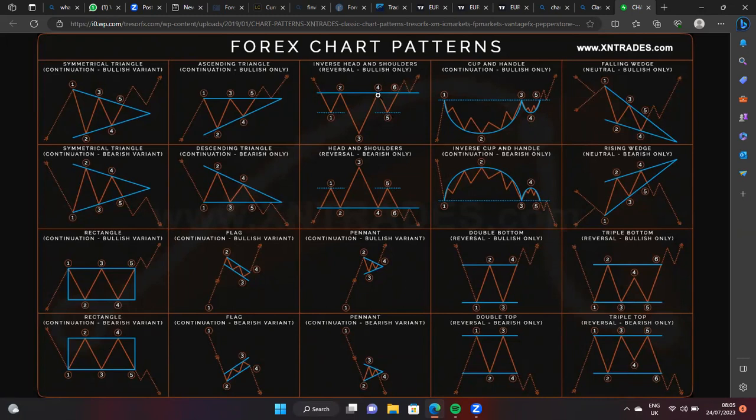Now, these chart patterns are easy to identify by their name. It's called inverse head and shoulders. That is, this pattern should have a head. In its formation, it is dropping from here.